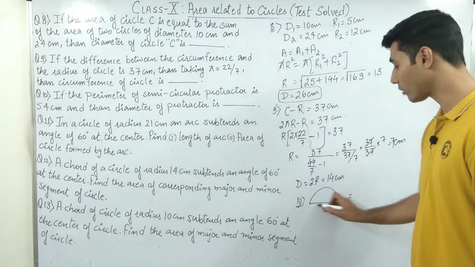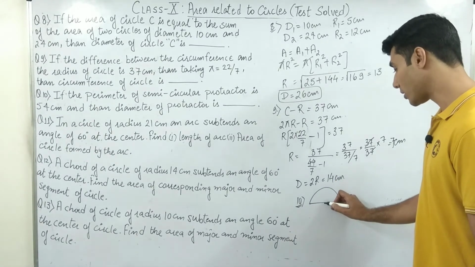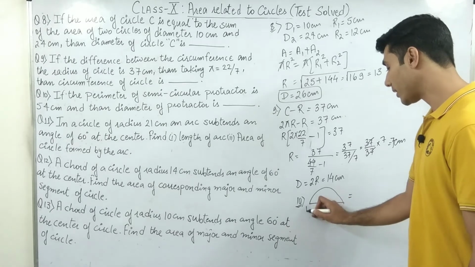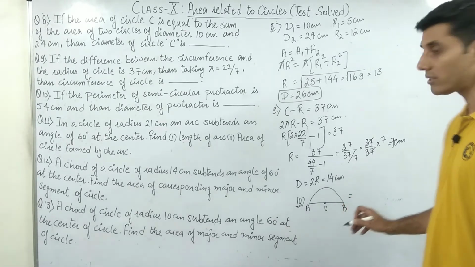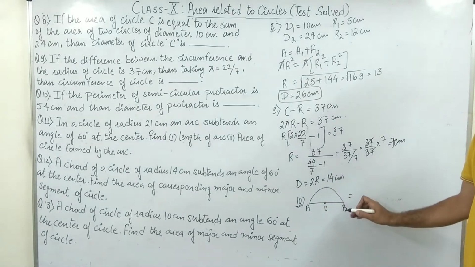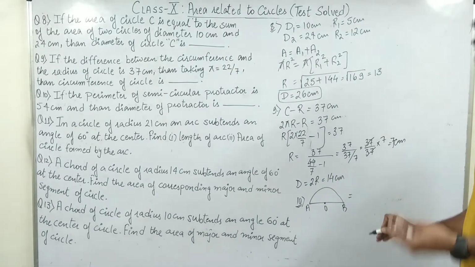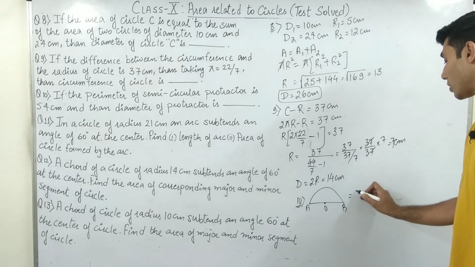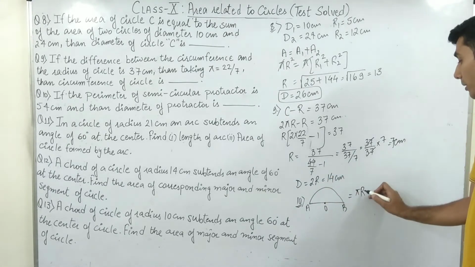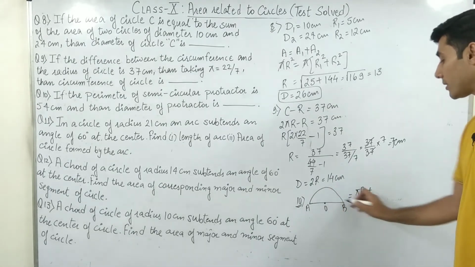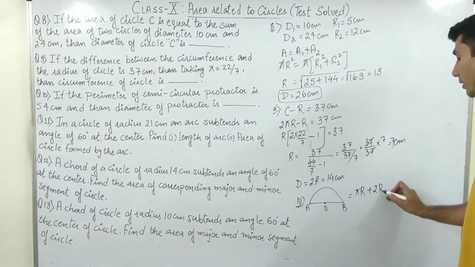So suppose this is your O, this is your A and this is your B, that means OA and OB are what? Radius. And its circumference will be what? 2 pi r upon 2, that is pi r. So this should be equal to pi r, correct? Plus r, that is diameter 2r, correct?